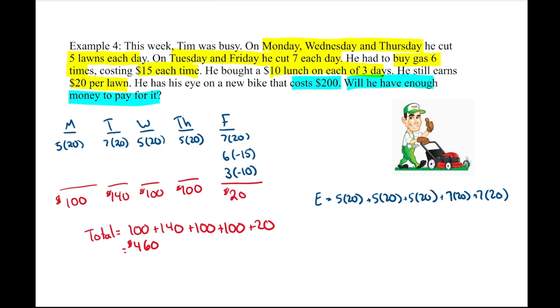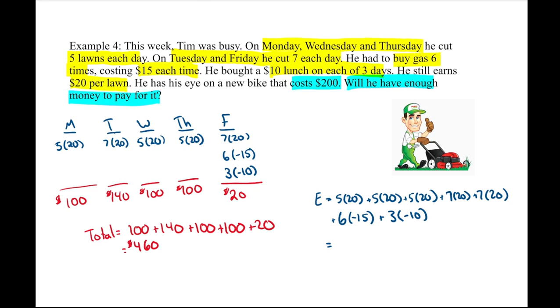He had to buy gas 6 times, so that's going to be plus 6 times negative 15 because we're losing money, and then plus 3 times negative 10 because we're losing $10 3 times for his $10 lunch.